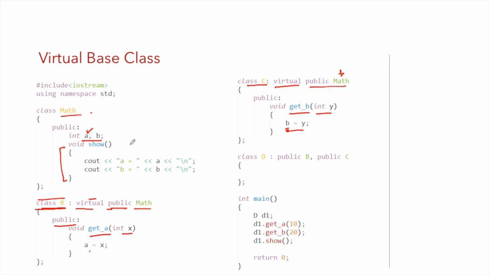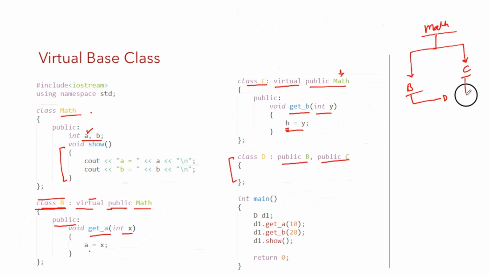So after doing this, what is happening here is we have this base class Math. Then we have done the inheritance to B and inheritance to C, but because we have added this keyword virtual, these two also become your virtual base classes. Now if you just notice over here, for class D, I am doing the inheritance with class B and class C. So this is my new class D, and this is my multiple inheritance.